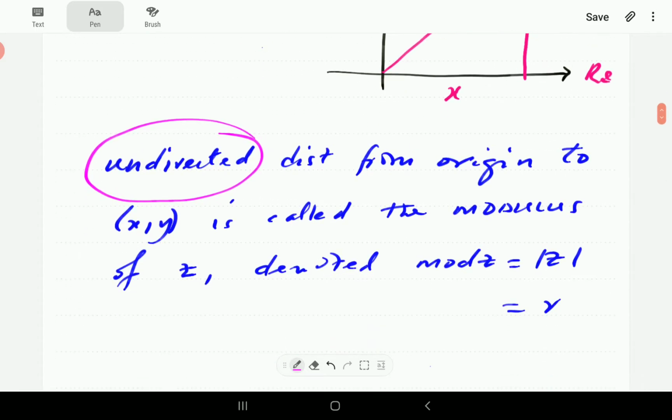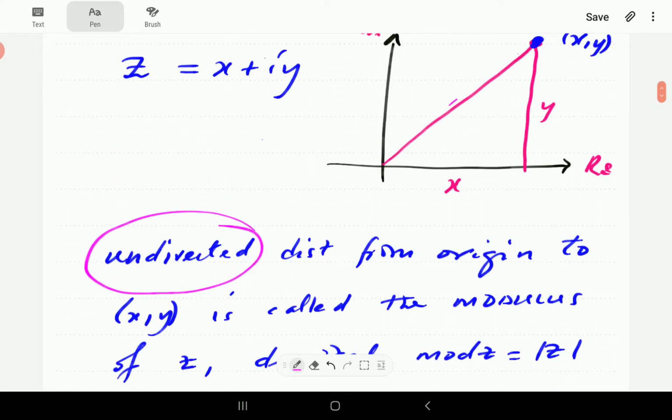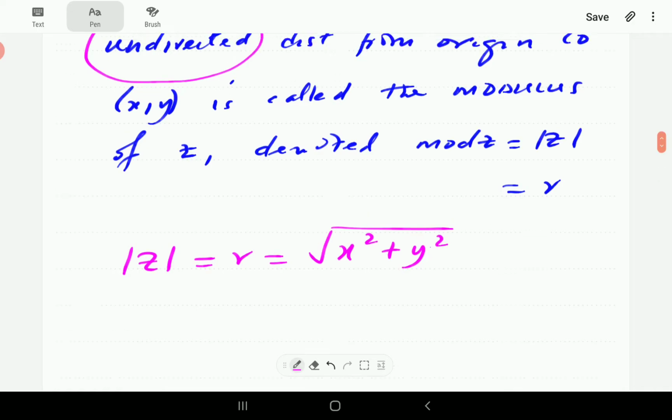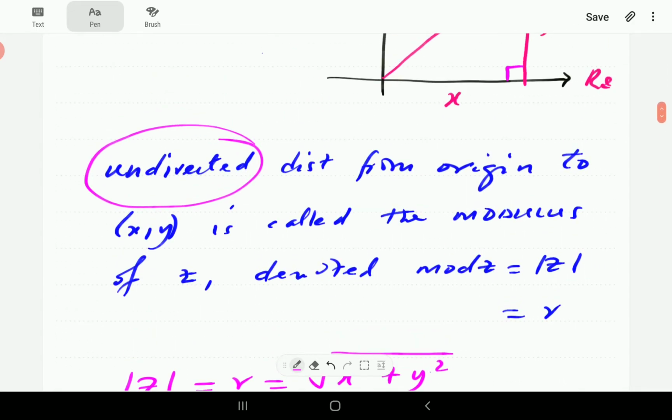So it's always going to be positive. Now by Pythagoras, we can see that mod z, which is also denoted r, is going to be the square root of x squared plus y squared.